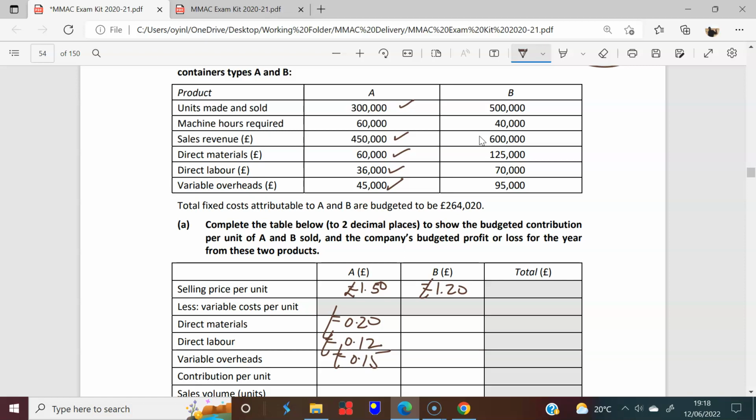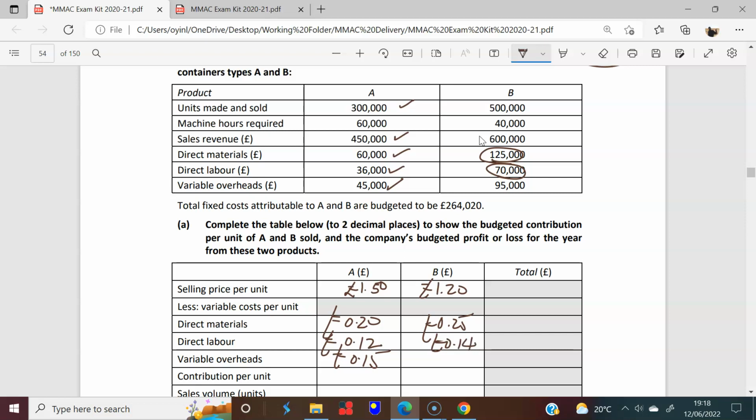So in terms of materials, we have the 125,000 divided by the 500,000, which is 25p. And then we have labor, of course, which is 70,000 divided by the 500,000, which is 14p.